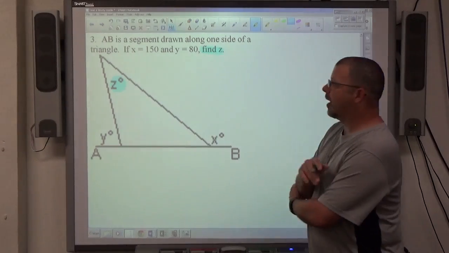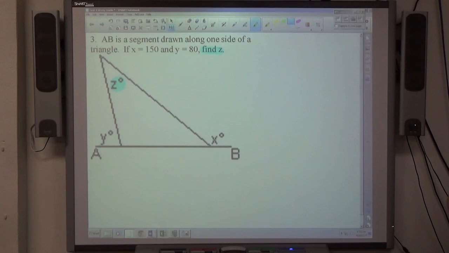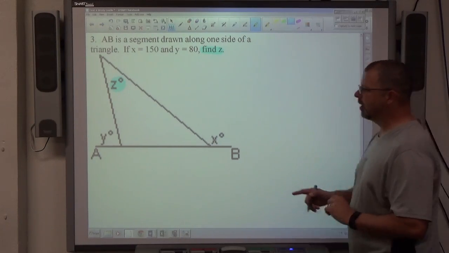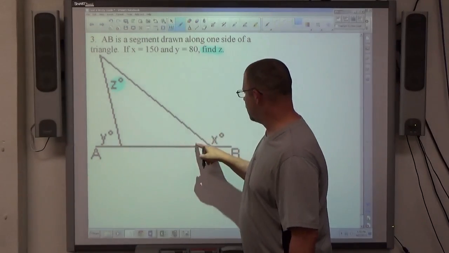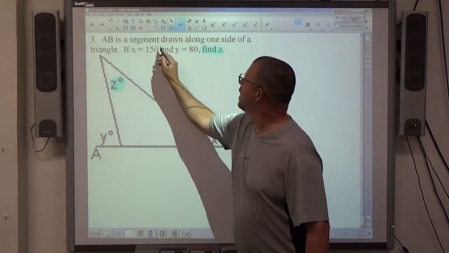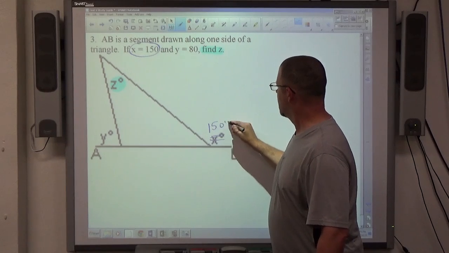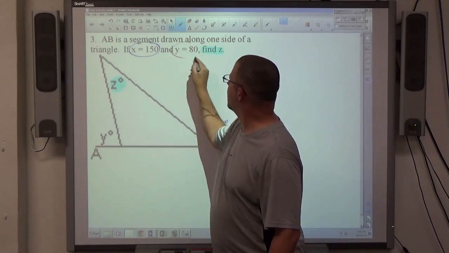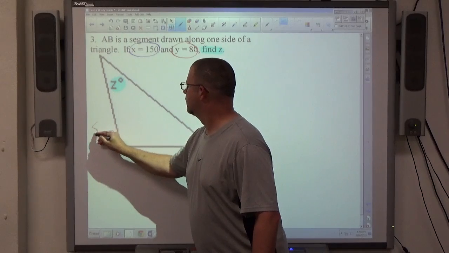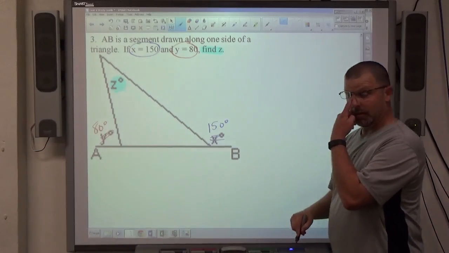Z is inside the triangle, and the three angles of a triangle add up to 180. The problem is, they did not give me these two angles down here. What they did give me is that x equals 150 degrees. They also gave me that y equals 80 degrees. That's what they did give me.